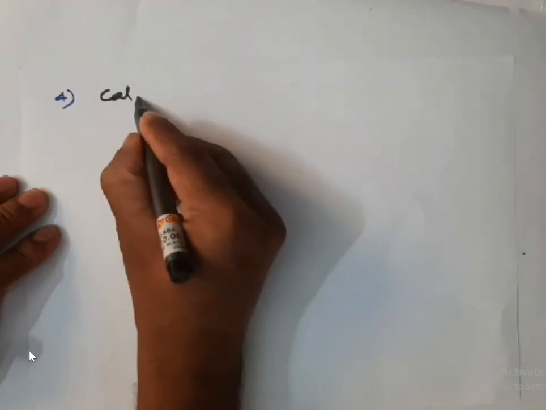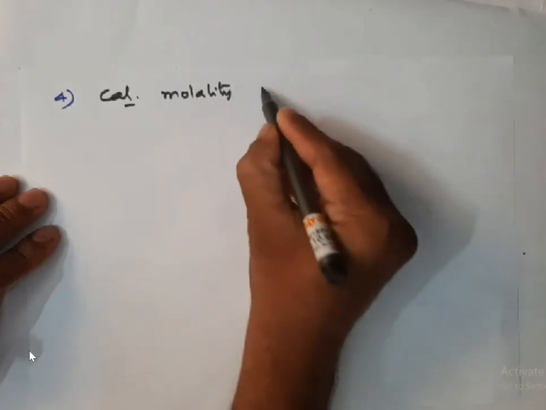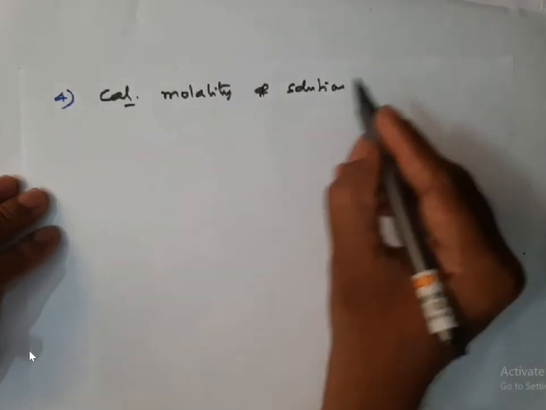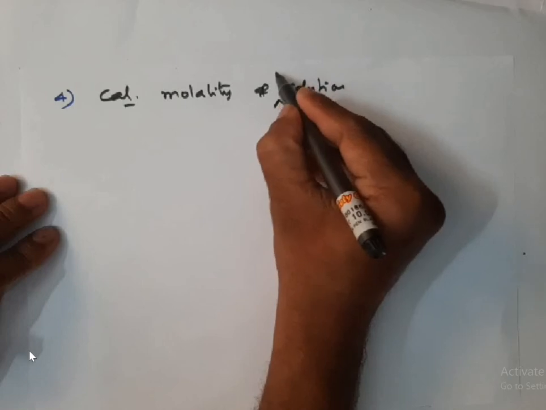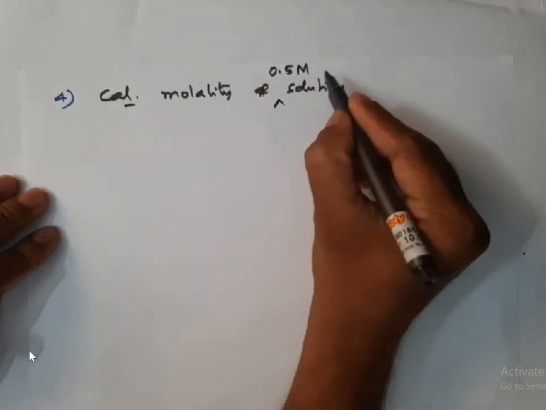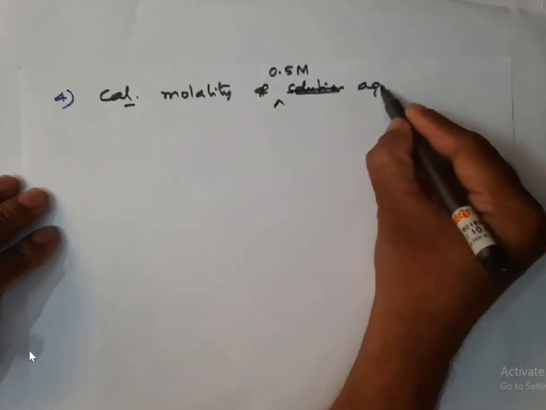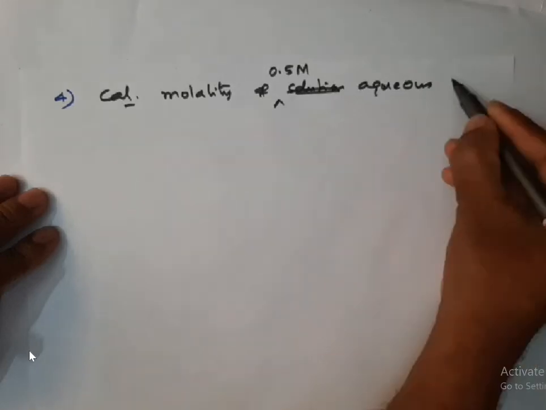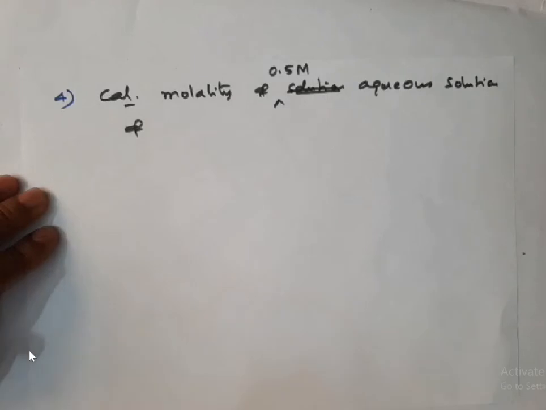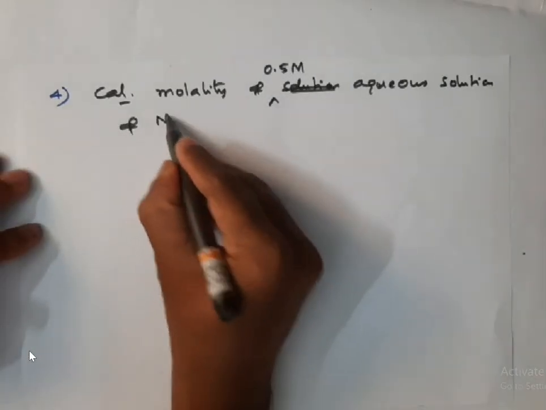Calculate molality of a solution. Calculate molality of 0.5 molar aqueous solution of sodium chloride.